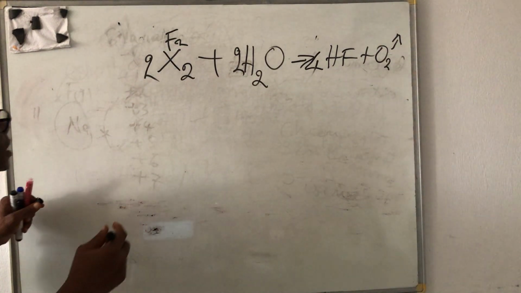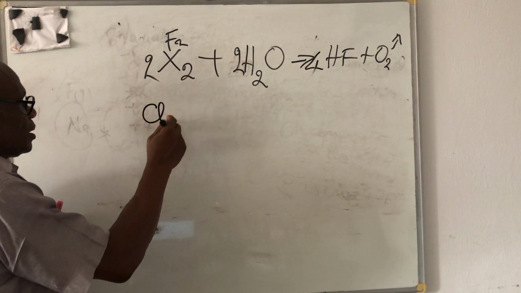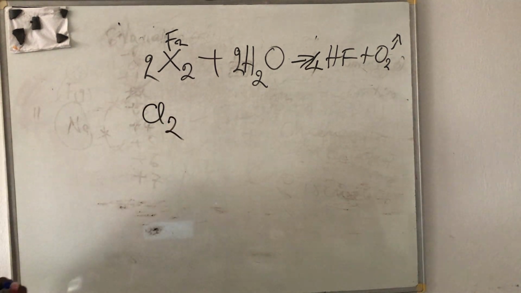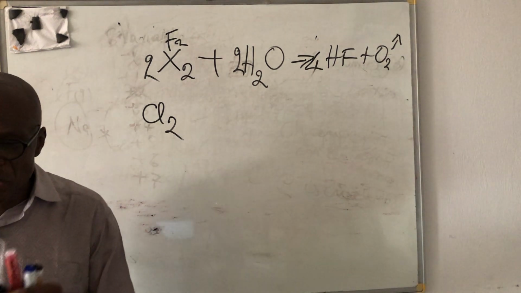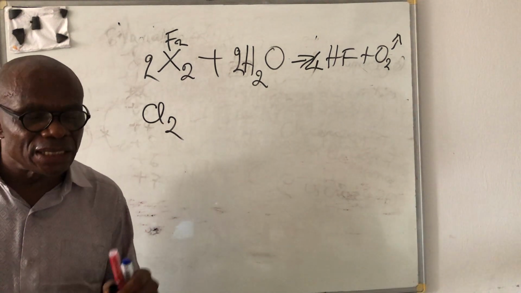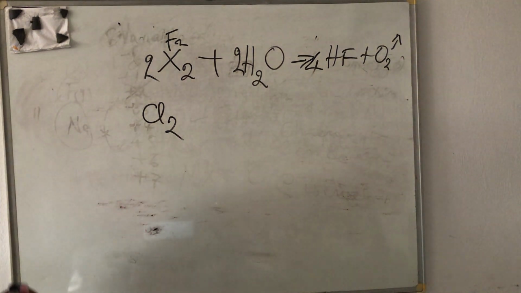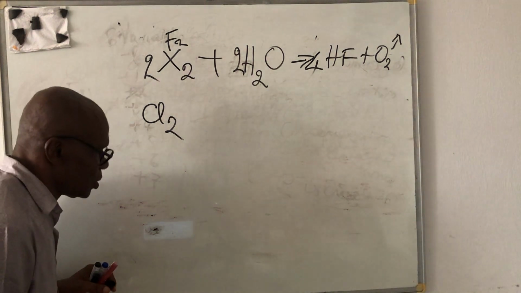But the lower species, chlorine, will undergo a disproportionate redox reaction.